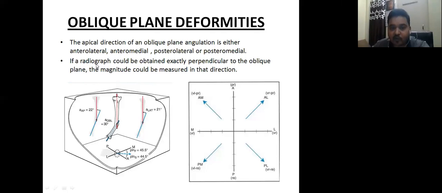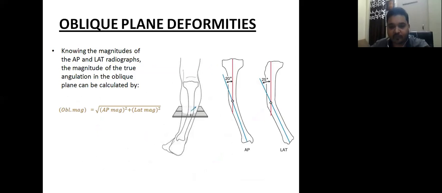If the radiograph could be obtained exactly perpendicular to the oblique plane, the magnitude can be easily calculated. But basically we get AP and lateral views as standard views.